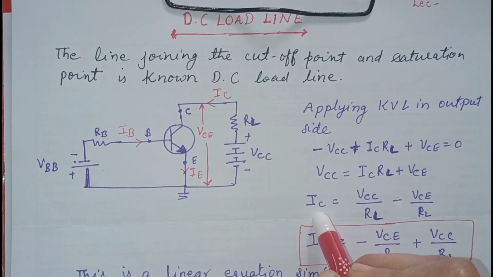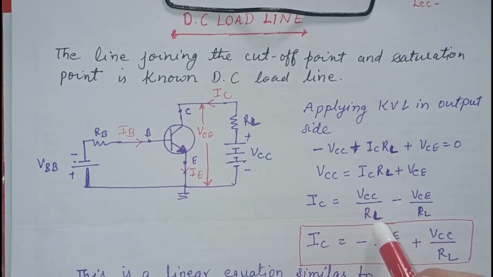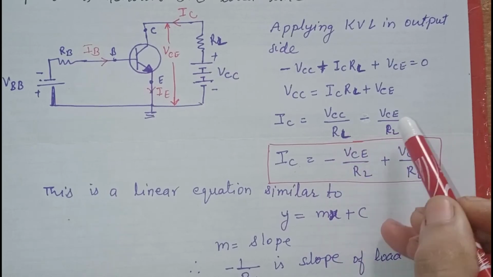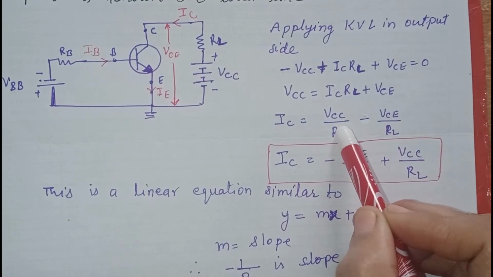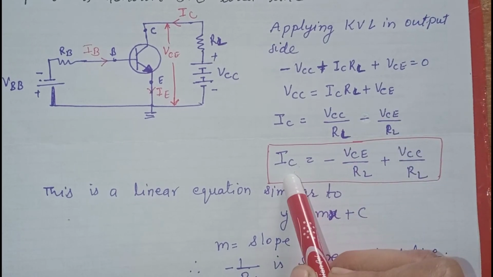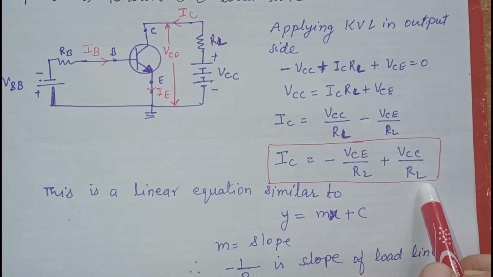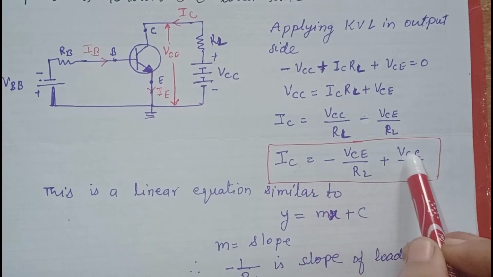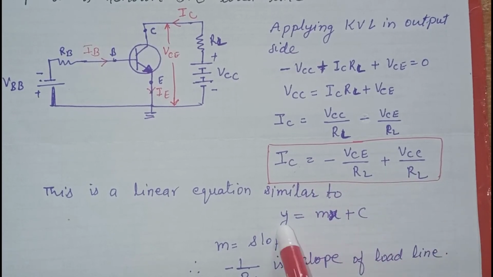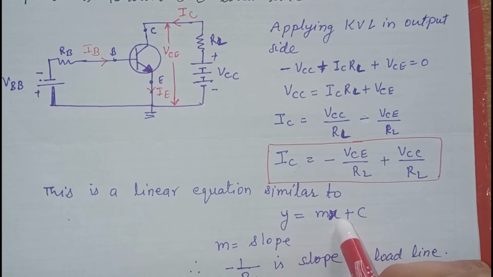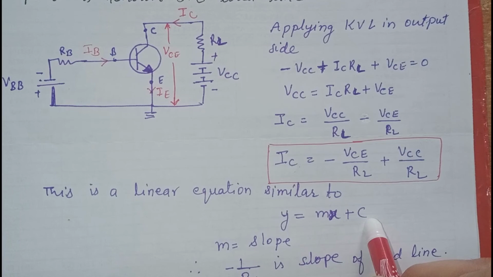Now we will find IC. IC equals VCC upon RL minus VCE upon RL. Bringing this term to this place and this term to this place, the equation is IC equals minus VCE upon RL plus VCC upon RL. If we compare this with the linear equation, this is the equation of a straight line, where y and x are the variables that change, and m and c are constant values.